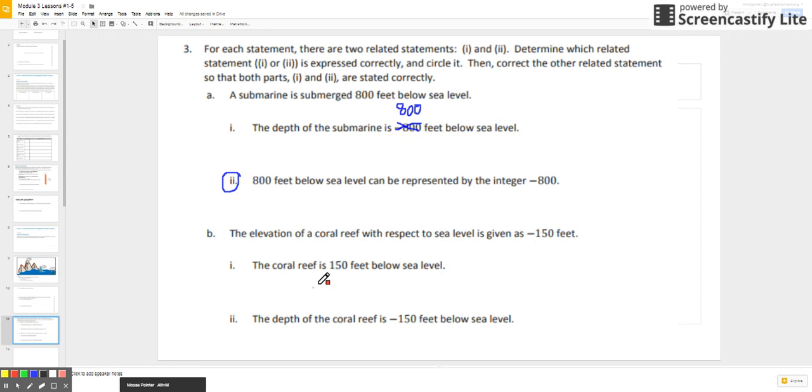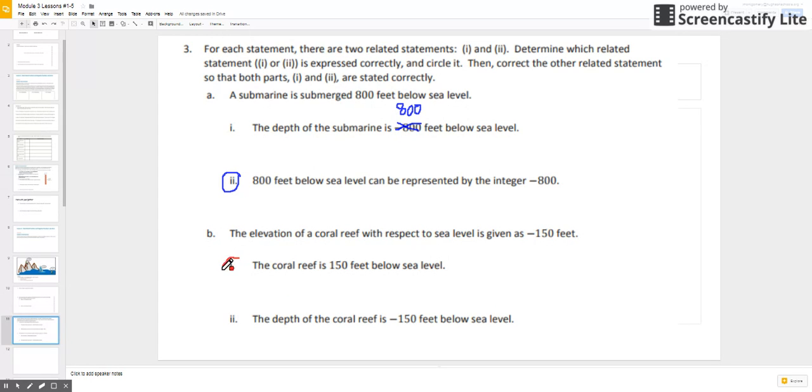All right, so we look on for B now. It says a coral, sorry, I should read this first. The elevation of the coral reef that represents the sea level is given as negative 150 feet. So I says a coral reef is 150 feet above sea level. The second one says the depth of the coral reef is 150 feet below sea level, negative 150 feet below sea level.